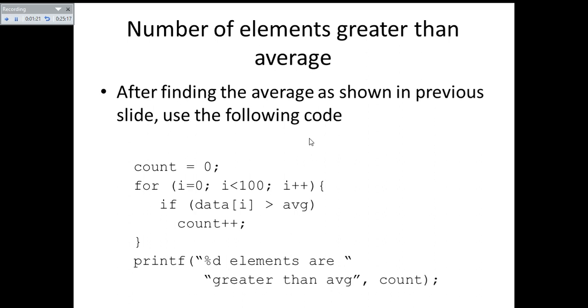Otherwise it will simply go to the i plus plus part, and like that it keeps incrementing i and keeps checking the corresponding ith data array element, whether it exceeds the average or is less than the average, and depending on that logic your count will be incremented.